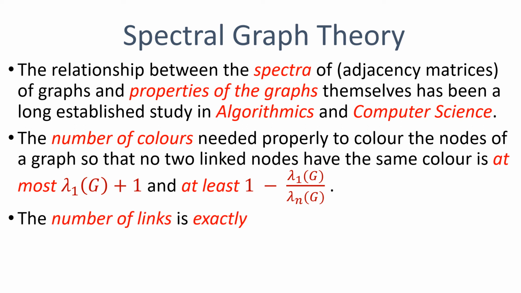Another famous result is that the number of links in any graph is exactly this quantity here. We sum over all of the eigenvalues of the adjacency matrix the result of squaring that eigenvalue, and then divide the outcome by 2.